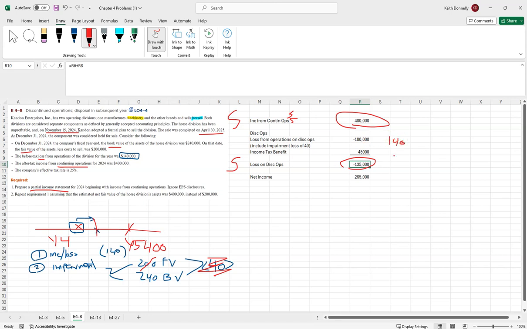We would only account for the operations loss, and then it would produce a tax benefit of 35. I'm not going to recreate the wheel on all that, but that's a quick way to show you requirement 2. There is no impairment in requirement 2, so we're just looking at the operation loss itself.